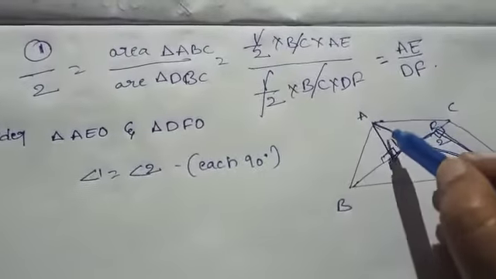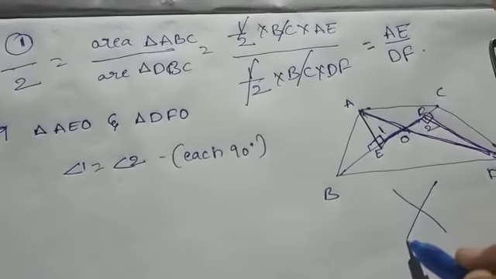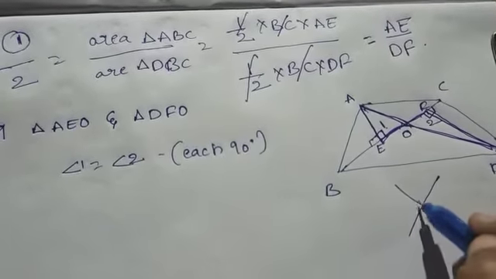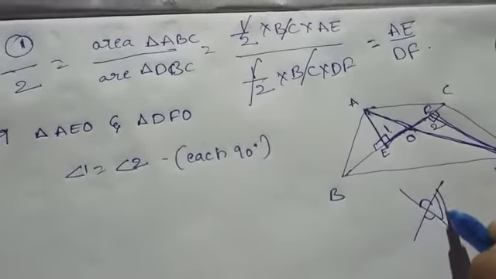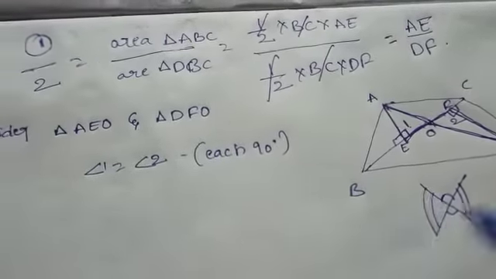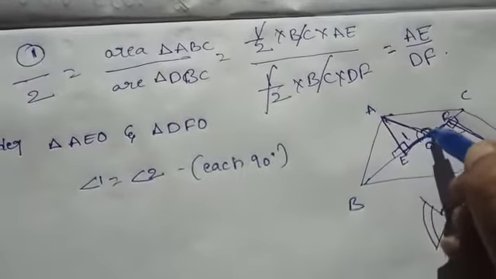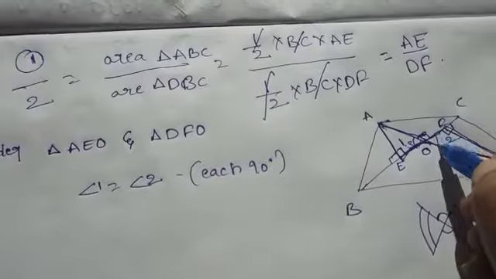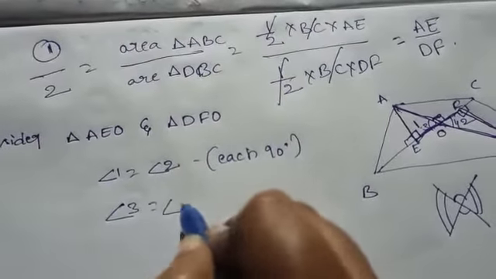Next, these two lines are intersecting lines, so vertically opposite angles are equal. This is angle 3, this is angle 4. Here angle 3 equal to angle 4.